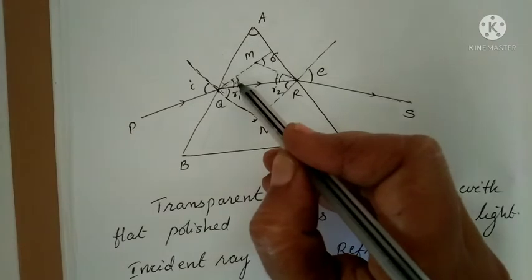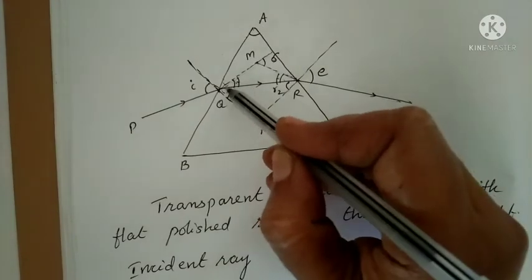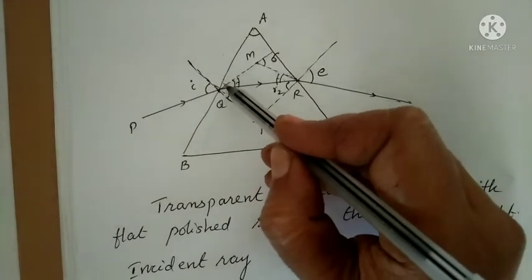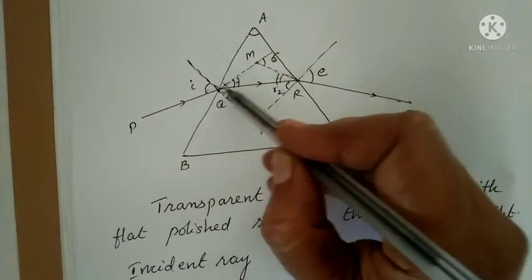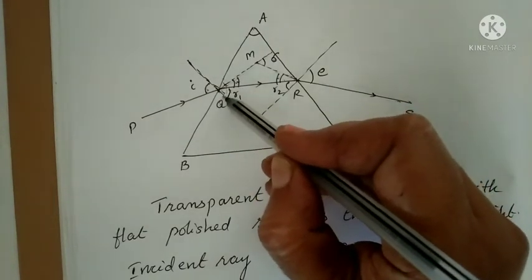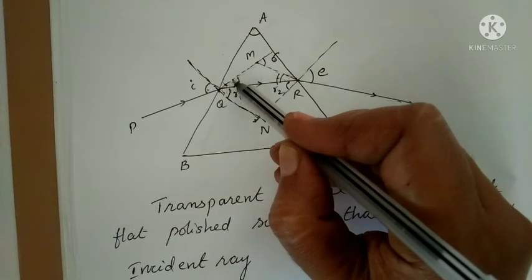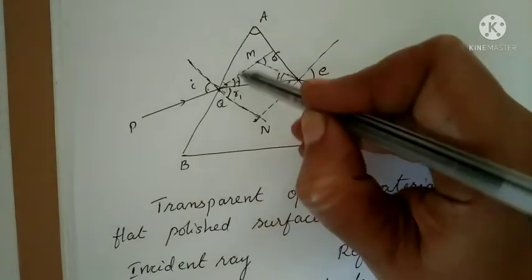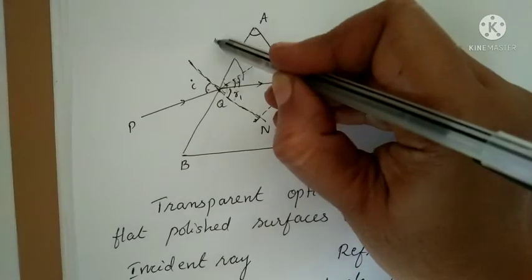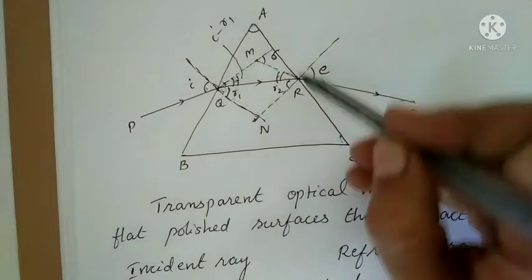So what is the value of this interior angle? This total angle is I, because these two angles are opposite angles. So what is this one? That is I minus this R1. So we can write here I minus R1.